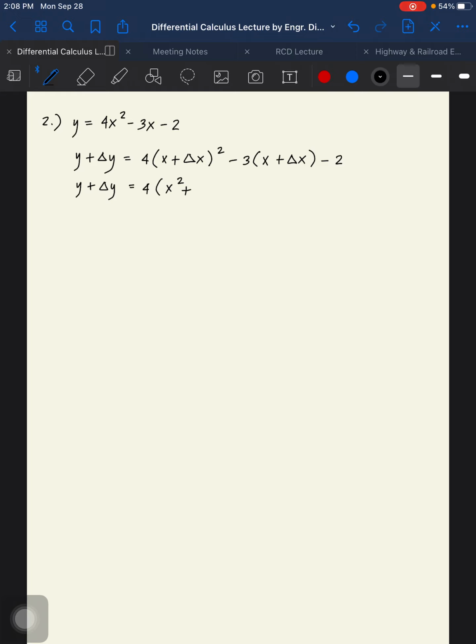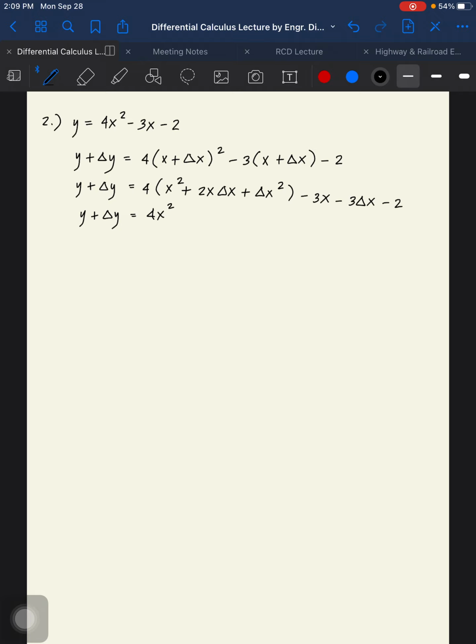This becomes x squared plus 2x delta x plus delta x squared minus 3x minus 3 delta x minus 2. Okay, then distribute that again.